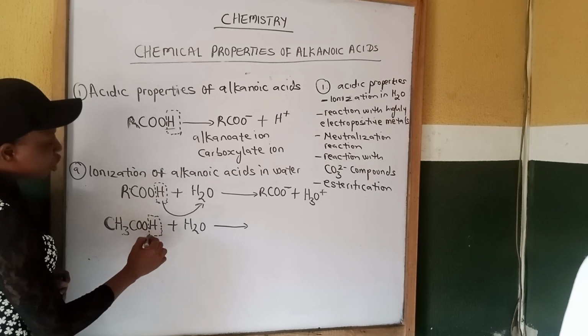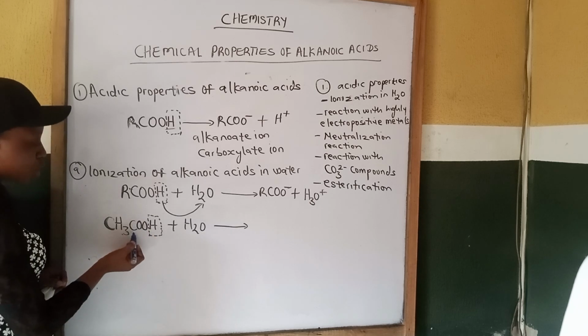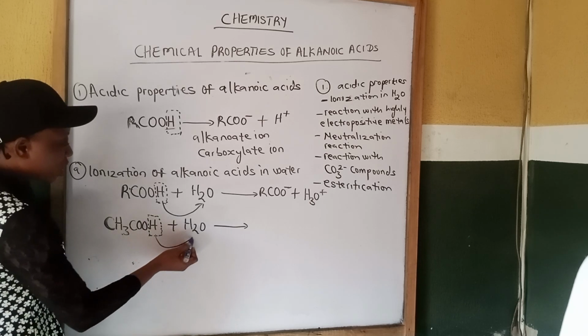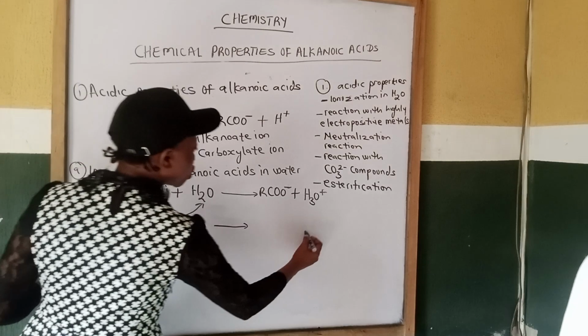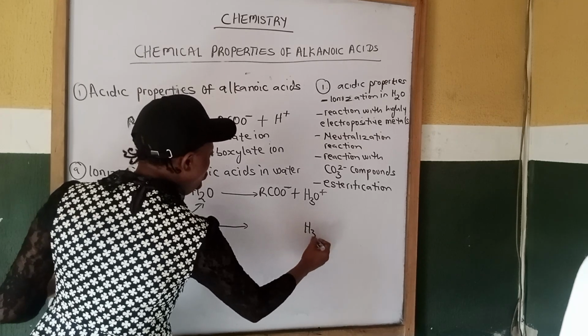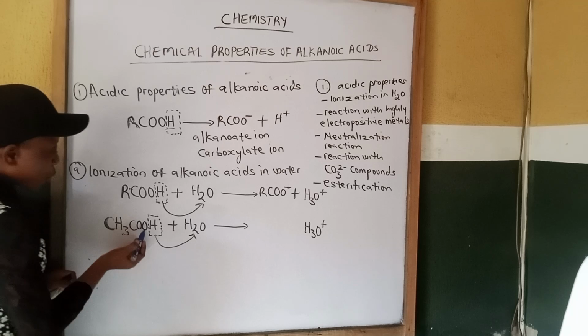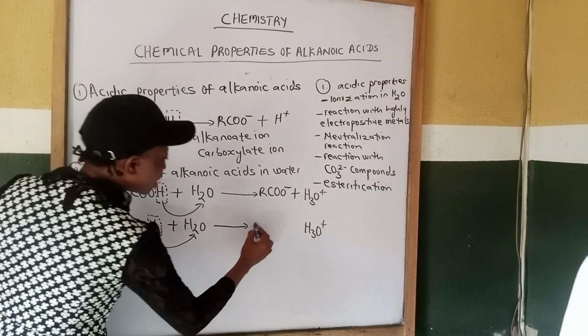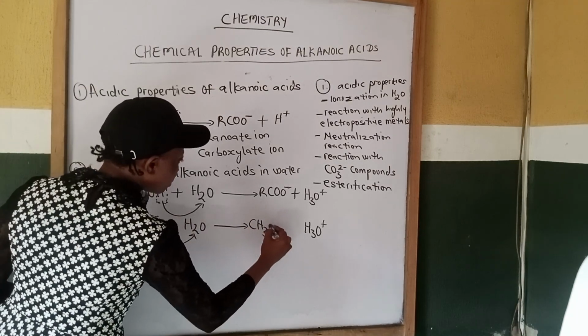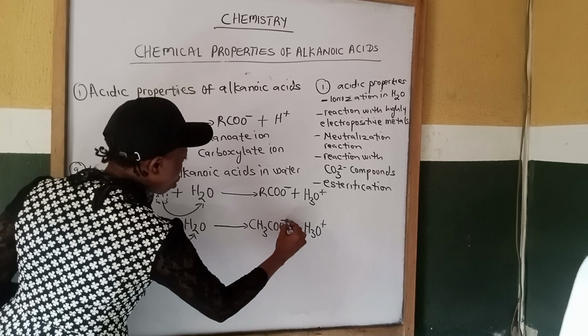You dissociate the hydrogen ion from the carboxylic group. So the hydrogen ion will then react with the water molecule to give us hydronium ion, which is H3O plus. Our product remaining there will now be CH3COO minus.